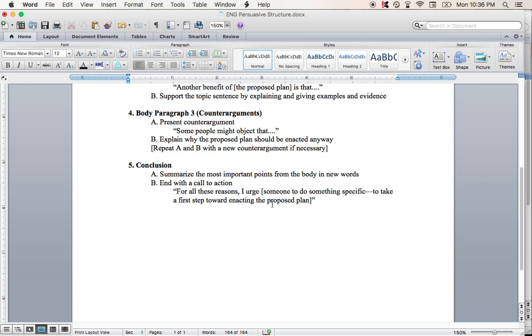And it can be just the first step that they are taking towards carrying out your plan. It doesn't have to be the whole plan. It can just be the first little step towards carrying it out.